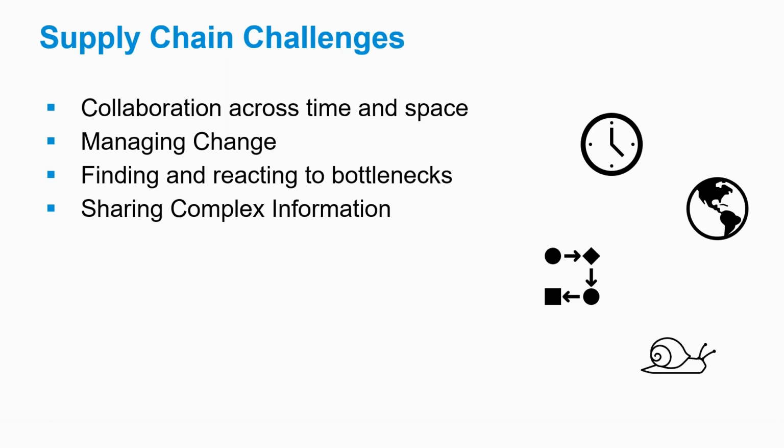Finding and reacting to bottlenecks, right? Communication is hard enough internally, even if someone might be in the same building, finding where something is stuck and identifying not only within a given project or process, but more holistically, identifying where problems happen on every project or on most projects so that you can prevent those from happening on future projects.